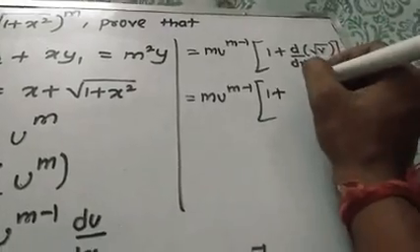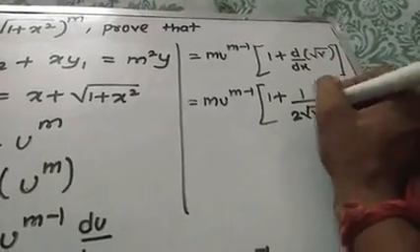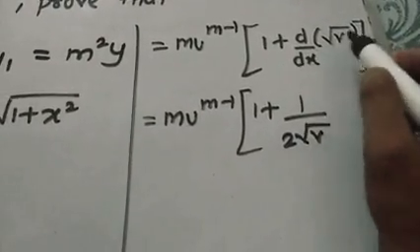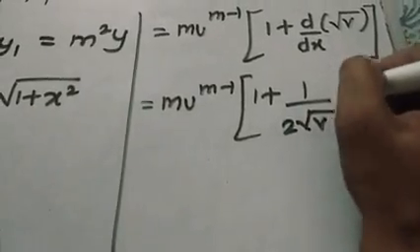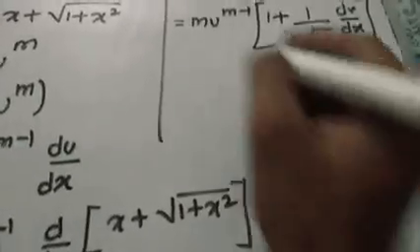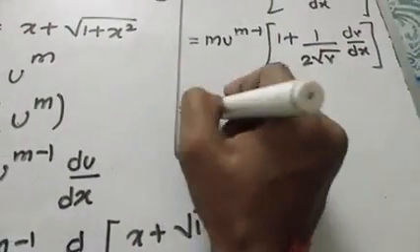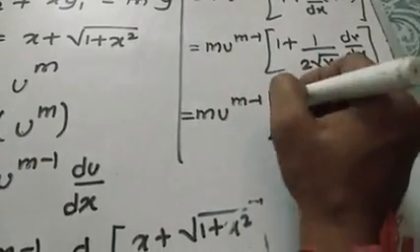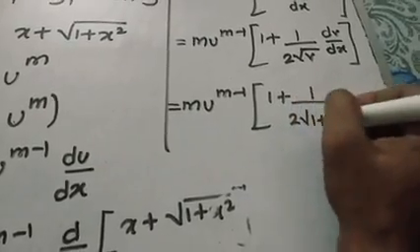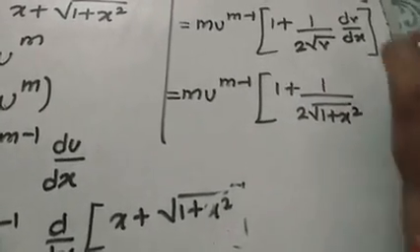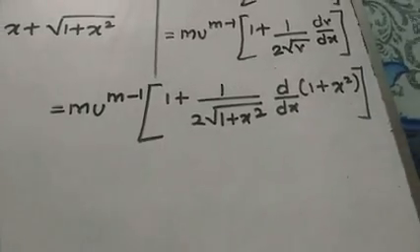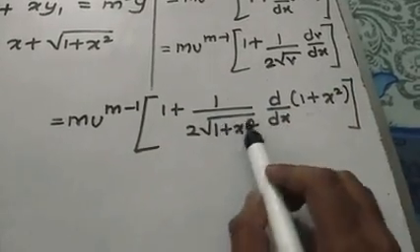Root over v derivative is, we know that root over x derivative, so we'll directly write 1 by 2 root over v, and then this is v, this is x, these two are not same, so we'll write dv by dx. Now putting the value of v, m u to the power m minus 1, 1 plus d dx of, okay, wait. So after putting the value of v, that is 1 plus x square, we got this.